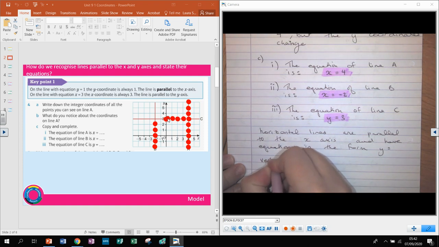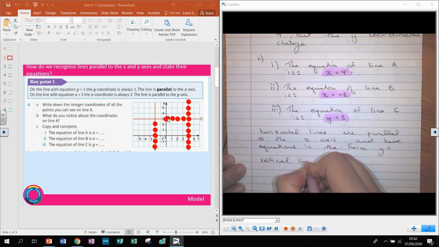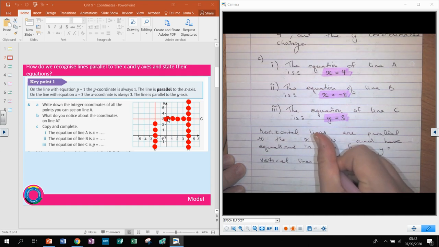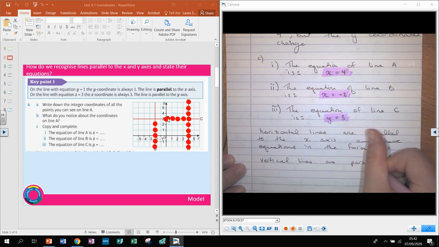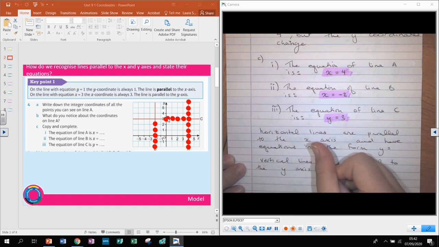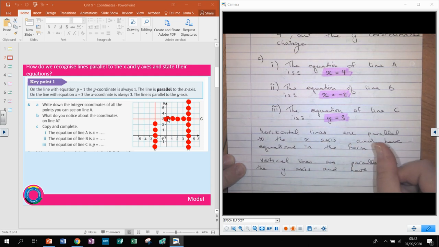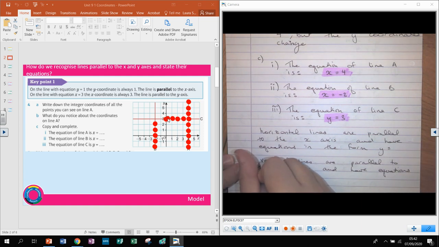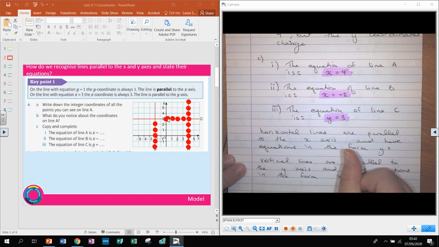And vertical lines are parallel to the y-axis and have equations in the form x equals a constant.